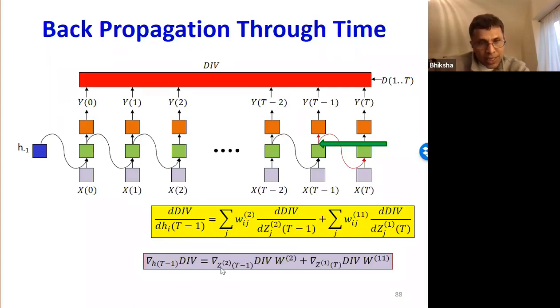The first is the derivative of the divergence for the affine term here times this weight matrix, plus the derivative for the affine term here times this weight matrix. So you actually have a sum of two terms.